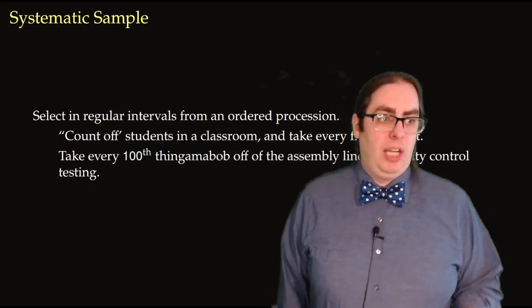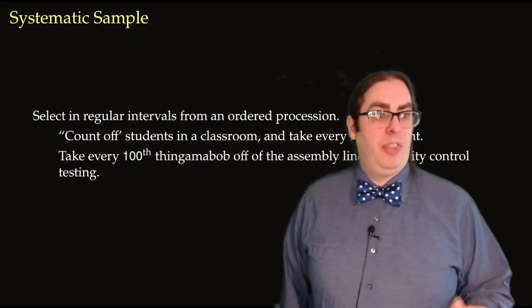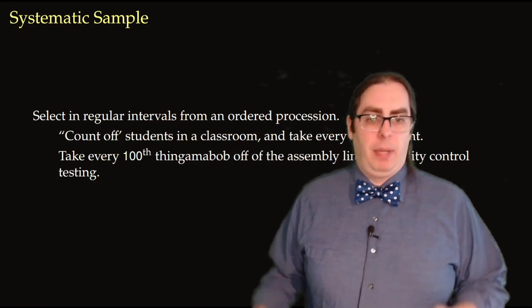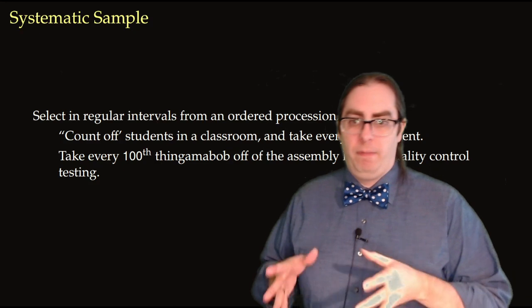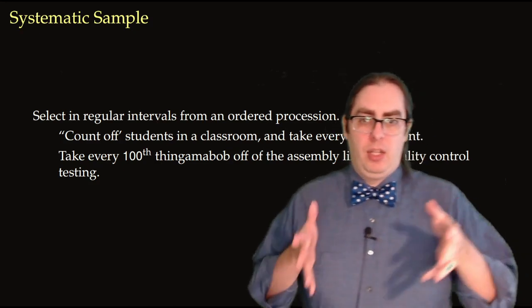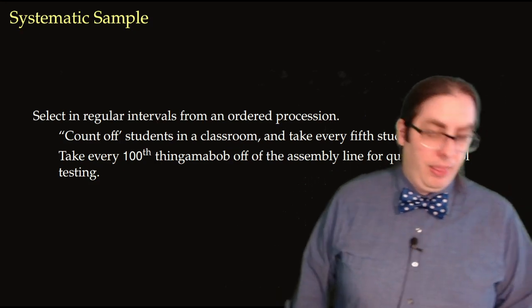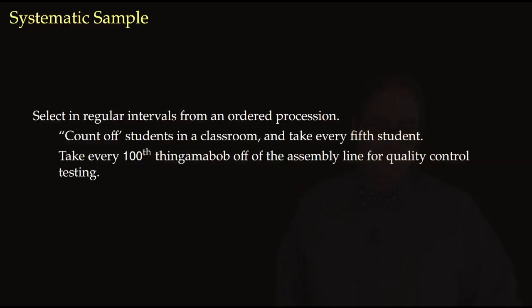And you don't have to worry about somebody trying to cheat the system by making sure that they do one perfect and then race through 99 and then do one perfect and then race through 99, because they don't know that that's how you're sampling.